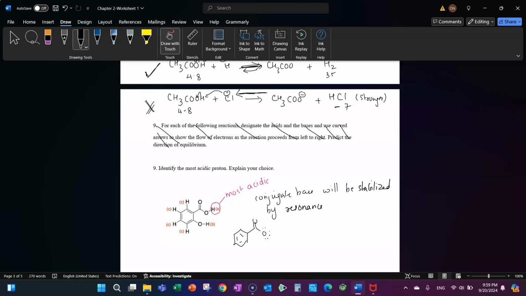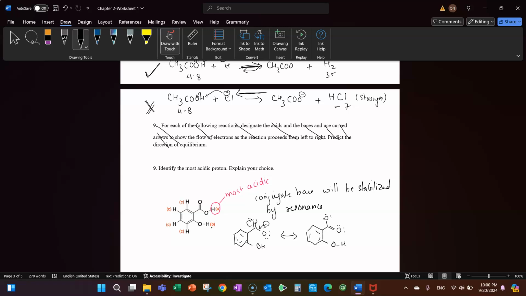So this is the conjugate base of this molecule where you remove the proton from it. This oxygen gets a negative charge. So this conjugate base can be stabilized by resonance in this form. That electron pair can be delocalized over the two oxygen atoms, which gives stability. So that's why this proton is the most acidic one.